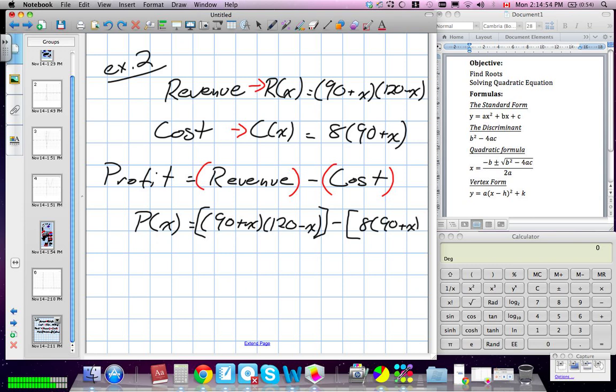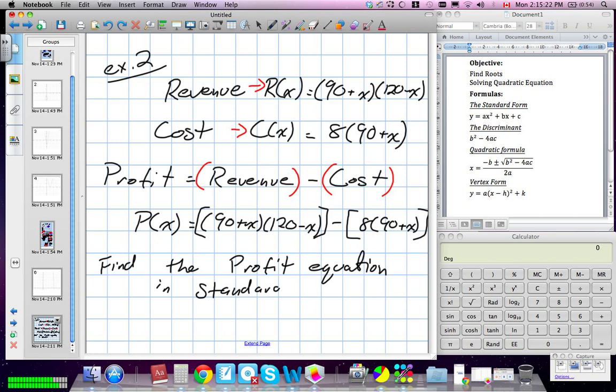That will be our point A. So find the profit equation, let's say in standard form. So I want it in standard form. In order to do this, we need to distribute, expand, and simplify.